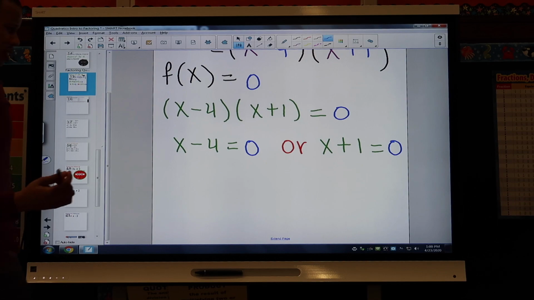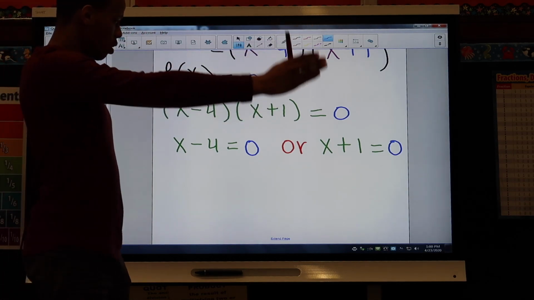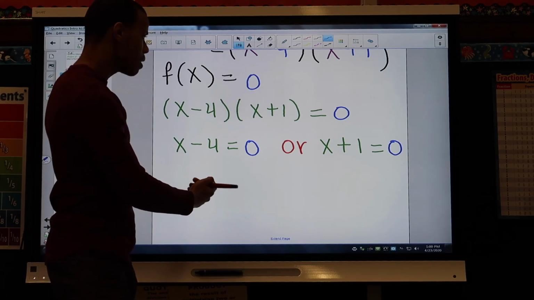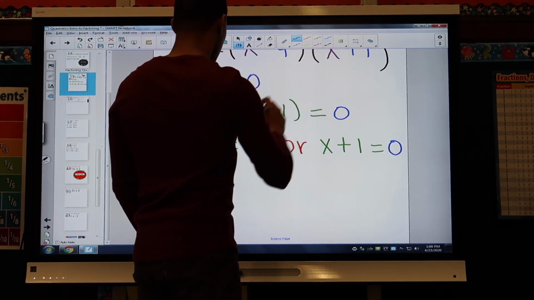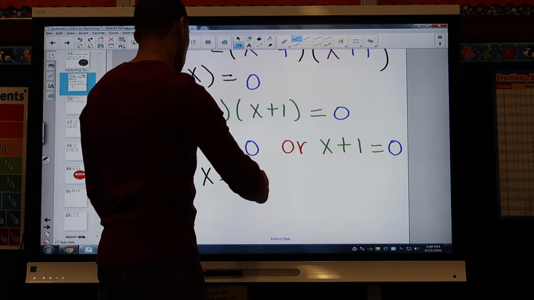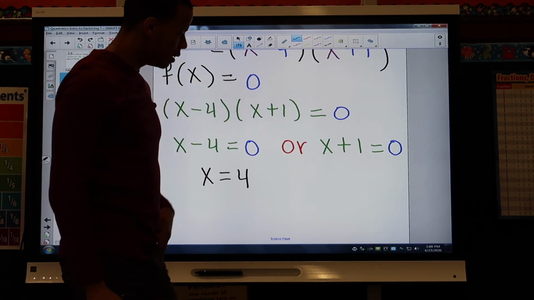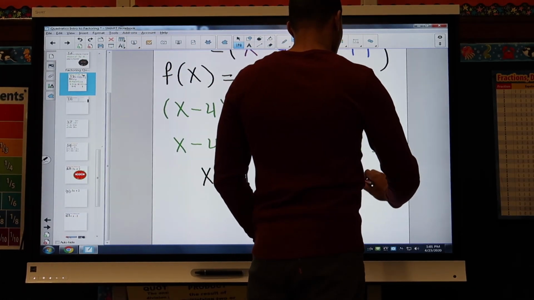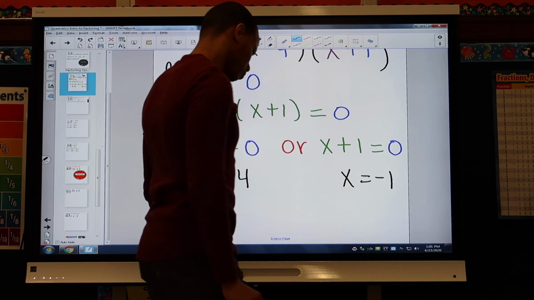So now, again, it all goes back to linear equations, because all we have to do is just solve for x now. So that means that this is equal to 0 when x is equal to 4, and this is equal to 0 when x is equal to -1.